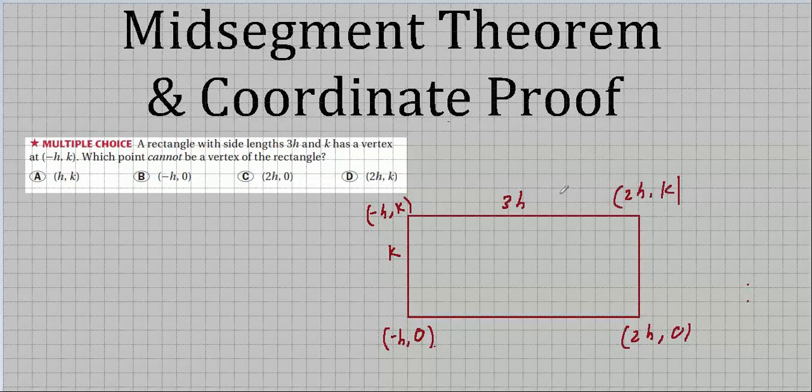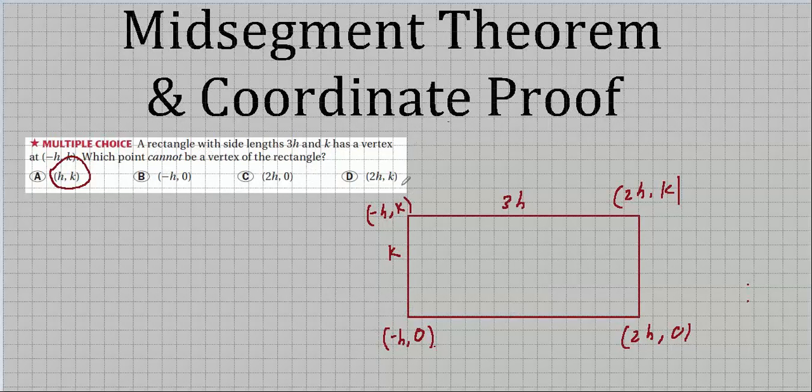So we have minus h, k we already know about. We've got 2h, 0, we've got 2h, k, we've got a minus h, 0, those are all here. Oh, I don't think we have an h, k anywhere, do we? Nope. So, to quote that old author, a little bit of thought did produce much more satisfying results.